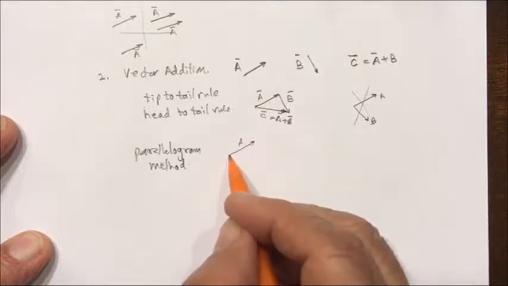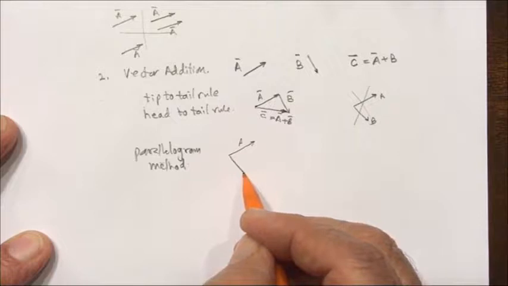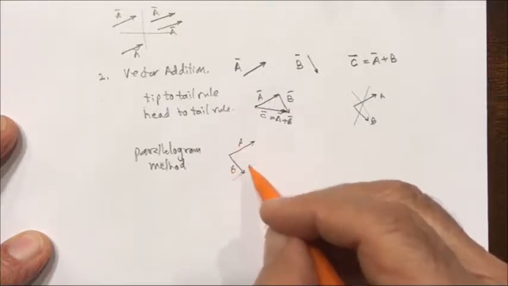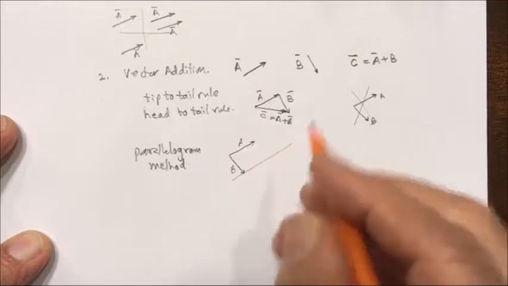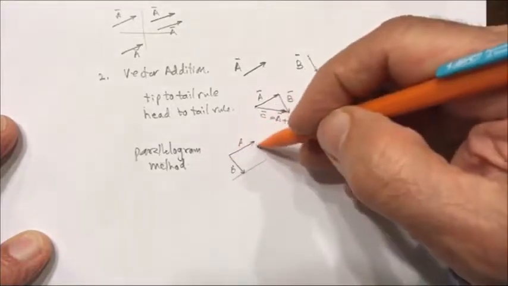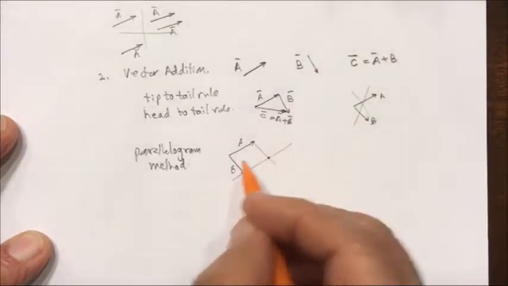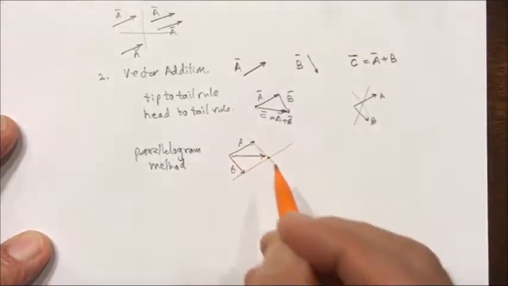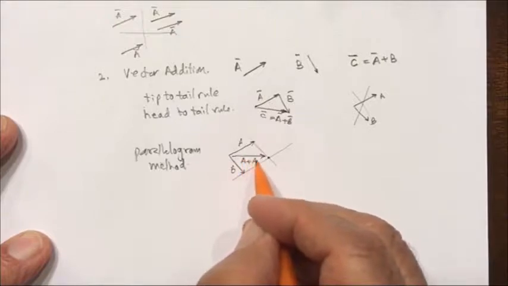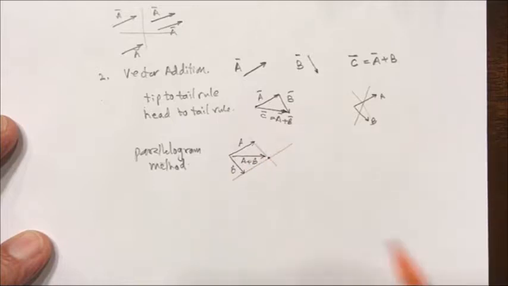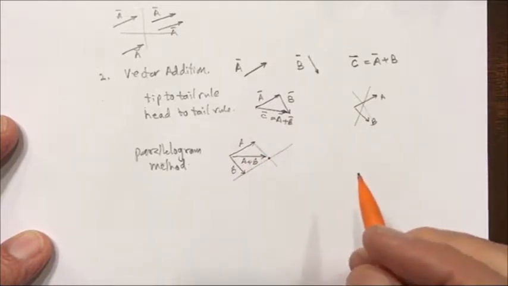We make the vector B, and then we make a line parallel to A, and we make a line parallel to B, and then this becomes A plus B. Okay, so it doesn't look exactly the same as that, but that's because the drawing is just freehand. So do it more carefully and you will get a better result.